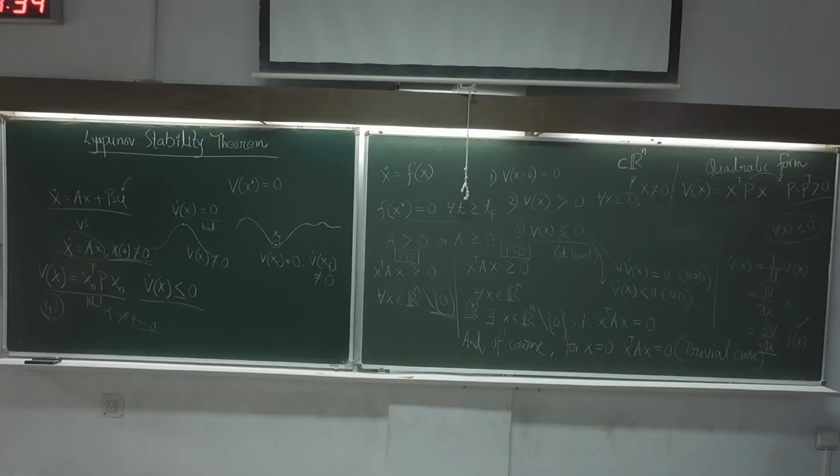But at the same time, you must know that not for all types of systems can we find a V function whose derivative would be negative definite. That is the main challenge. Once again, a negative definite V dot, that is V dot x less than 0, is the best for us for a given system.